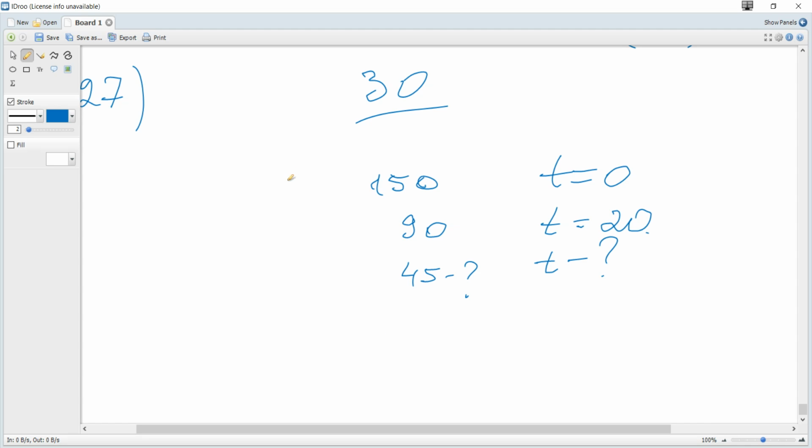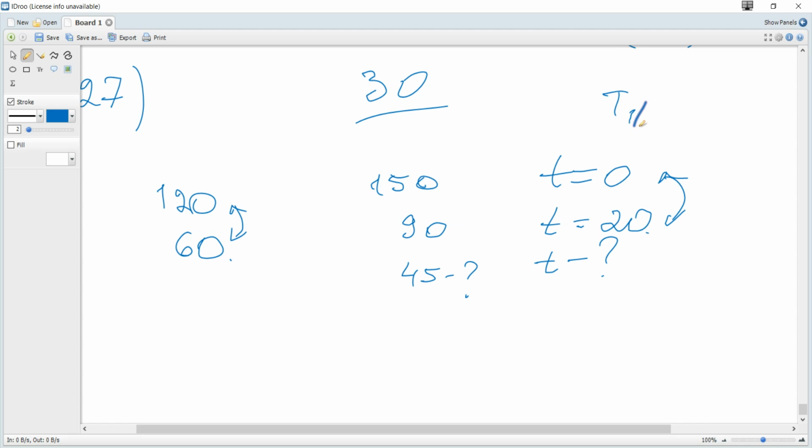If he measures 150 directly from a sample, it's 120, then it becomes 60, and you can see that it decreases by a factor of 2, so it's a half-life.